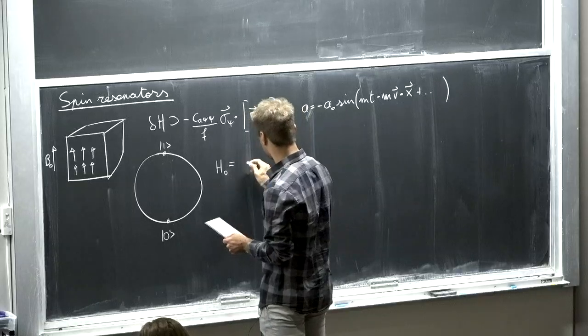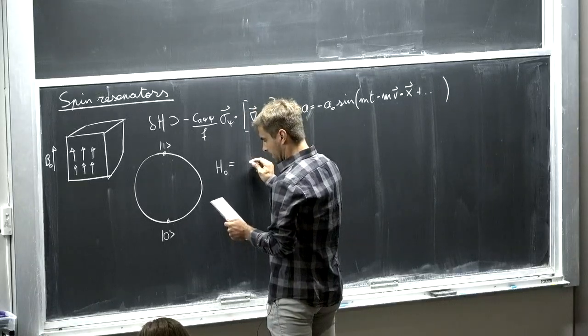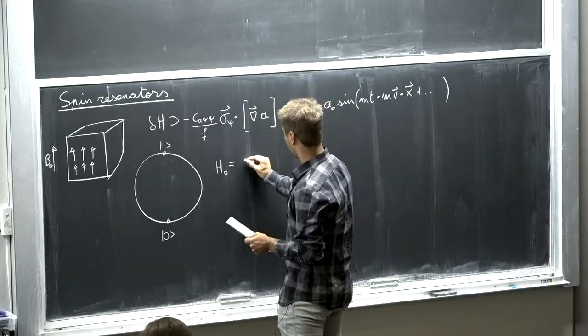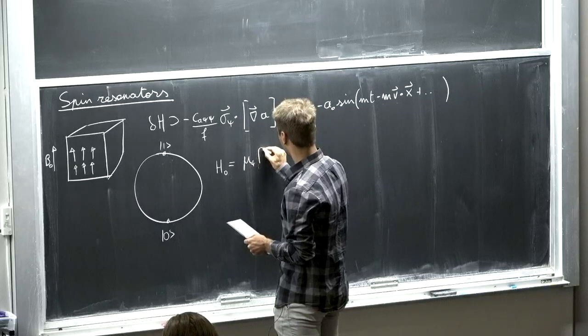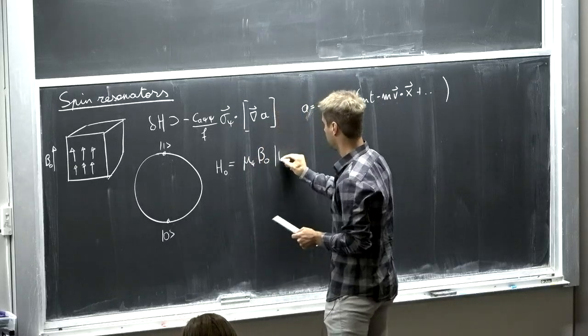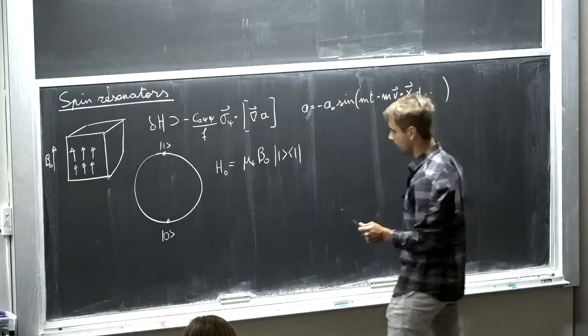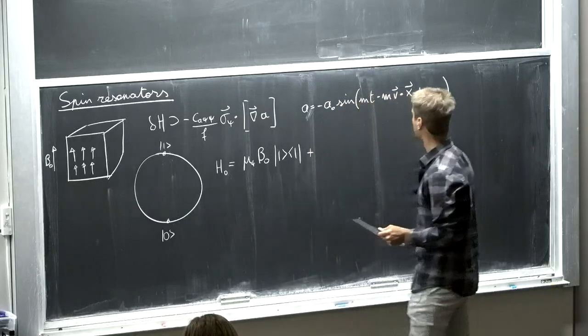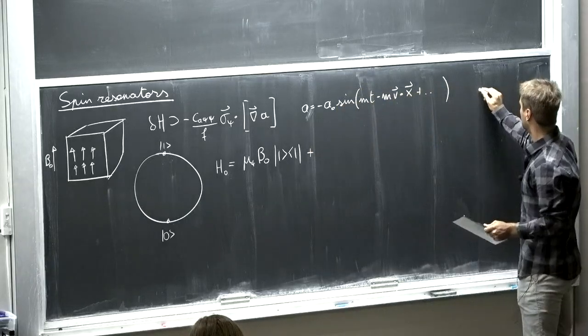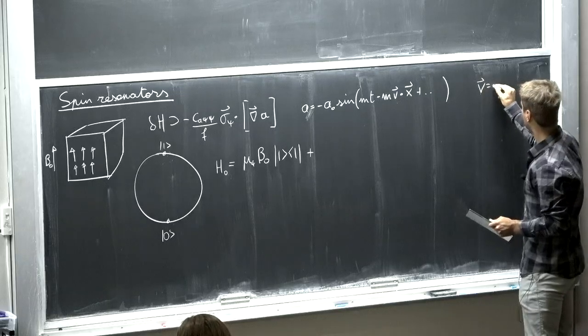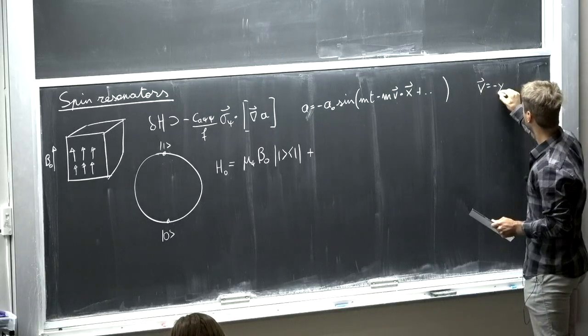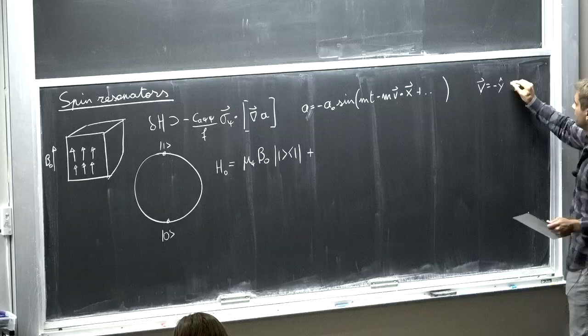So I can model the Hamiltonian as the effective magnetic moment times B naught, and then I'm going to assume that B is, let's say, in the minus y direction.